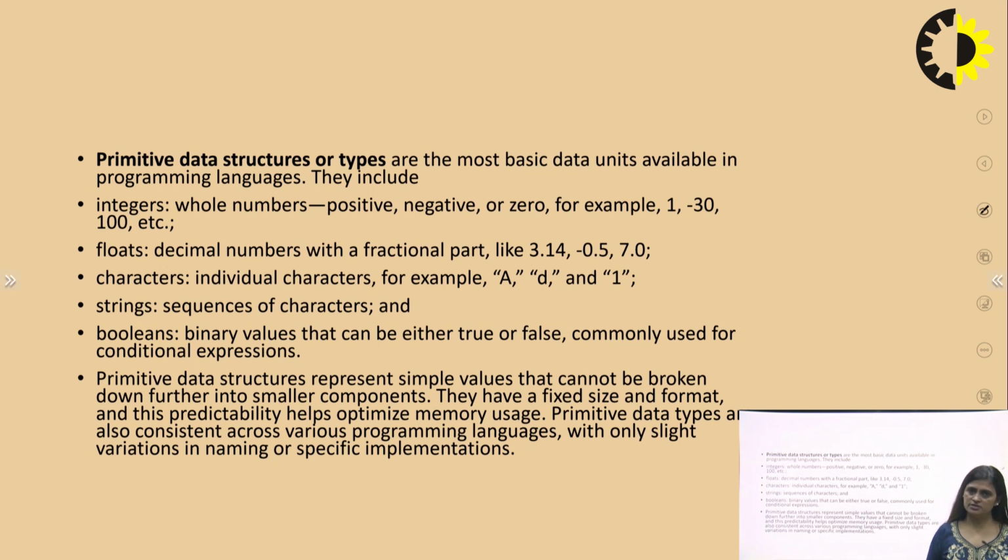They have a fixed size and format, and this predictability helps optimize memory use. Primitive data types are also consistent across various programming languages, for example C, C++, Java, Python, etc., with only slight variations in naming or specific implementation.